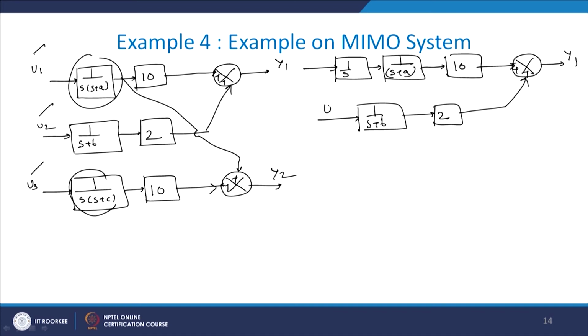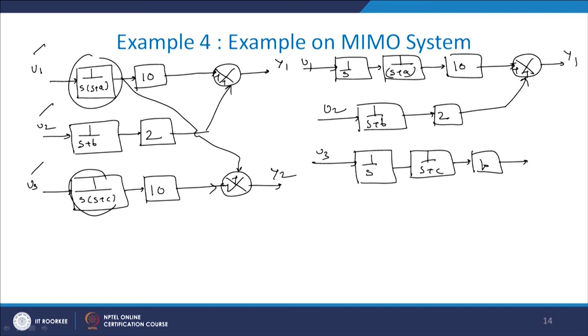and here it is connected like this. So here u2, u1. Here one change we have done: this 1 upon s, s plus b has been separated as 1 upon s, s plus a, u2 is 1 upon s plus b, and lastly this is u3, it has also been separated as 1 upon s, 1 upon s plus c, gain of 10, and here is a summing block.